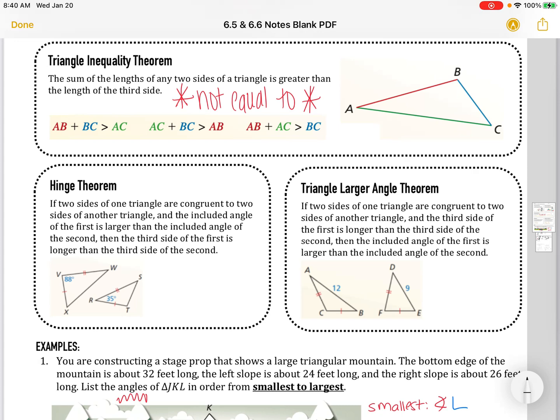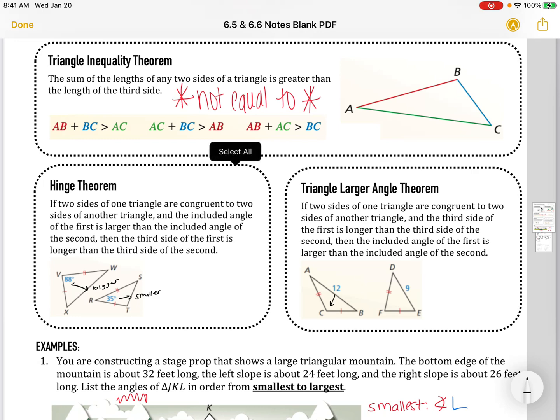So 88 degrees, the angle between the congruent sides, is bigger than the other triangle's 35 degrees. That means that XW is bigger than ST. If they have the same length of sides, a larger angle is going to open up the triangle more than a smaller angle.